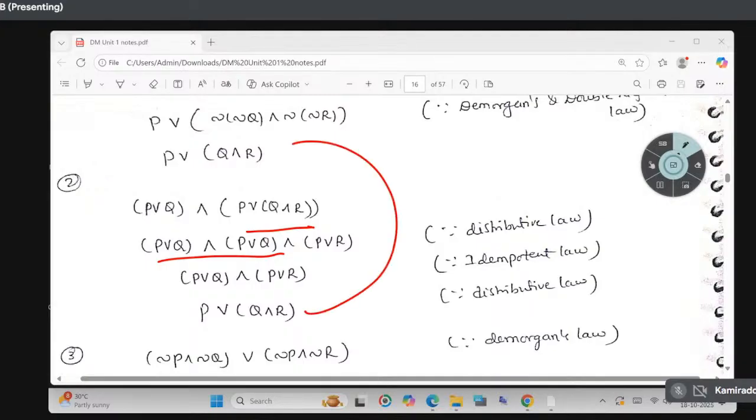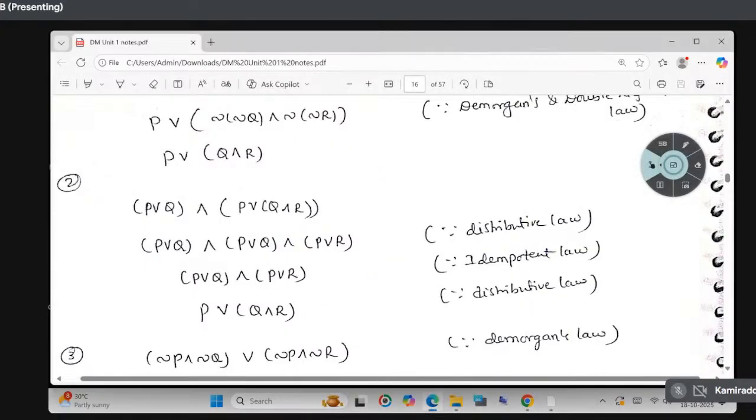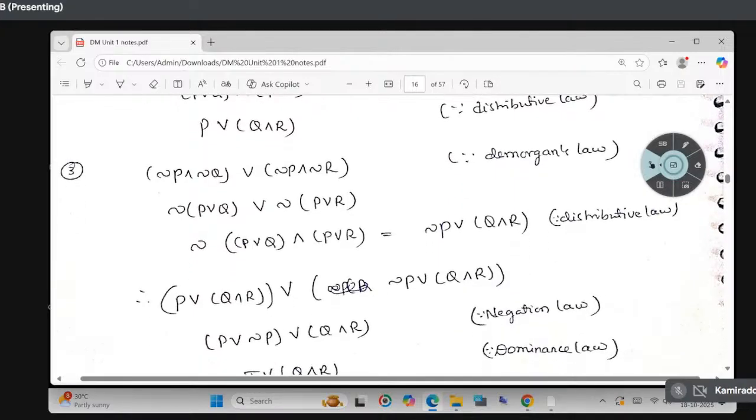Okay. So then I am moving on to your third term. That is my third term. Right? So negation P and negation Q, or negation P and negation R. If I apply the negation outside, P or Q and P or R. P or Q is there, P or R is there.